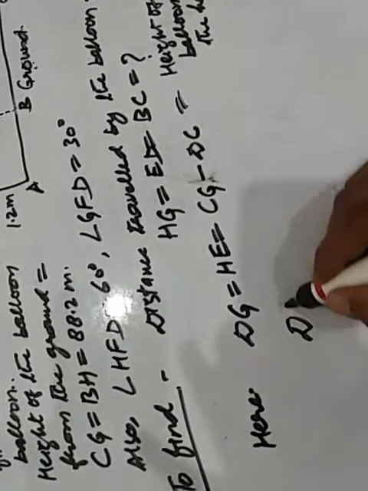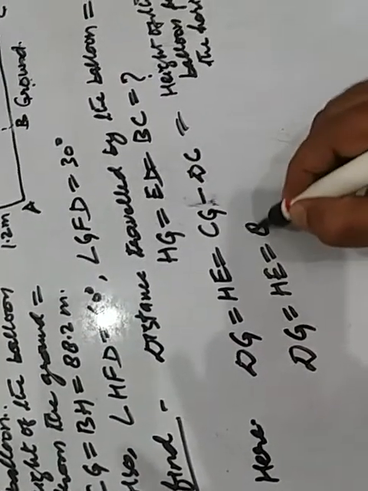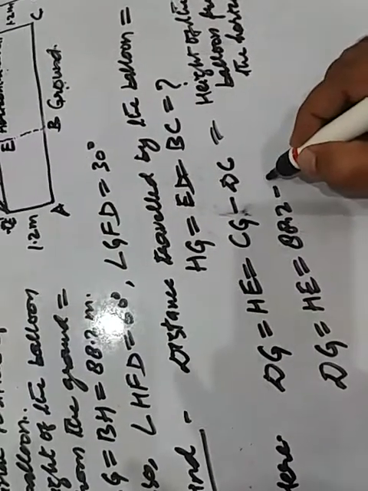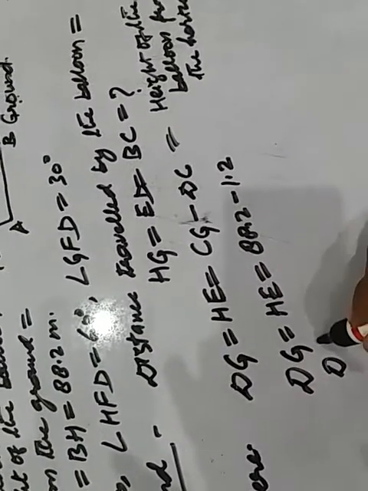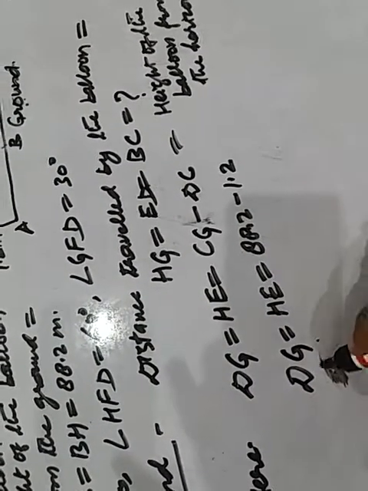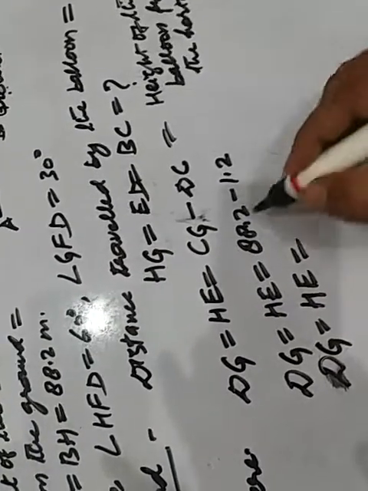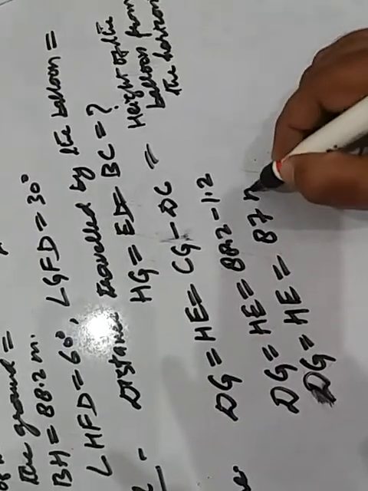DG equal to HE equal to 88.2 minus 1.2. DG equal to HE equal to 87 meter.